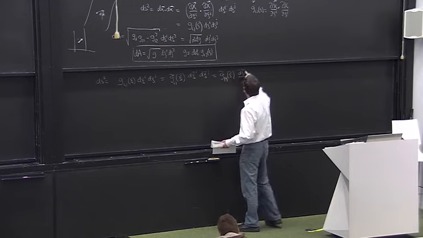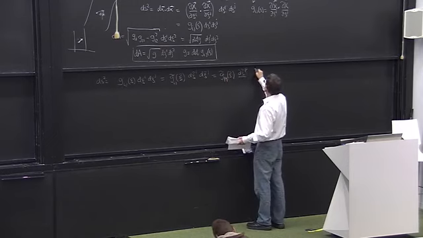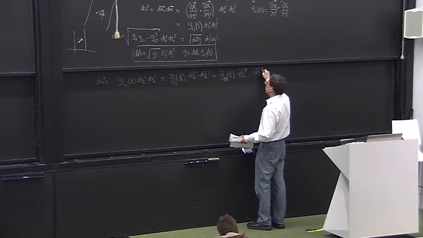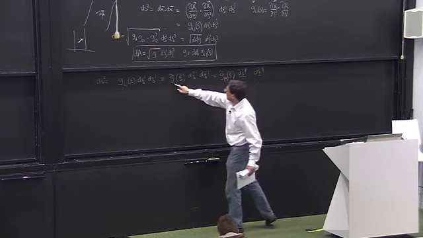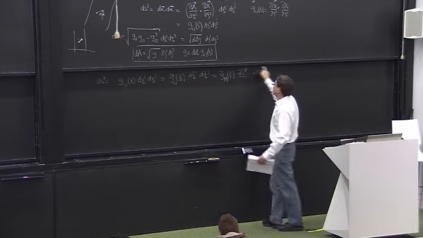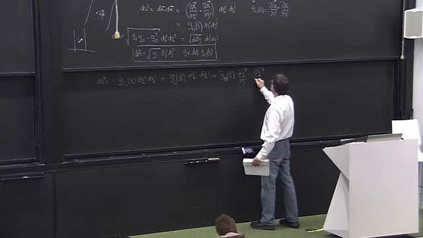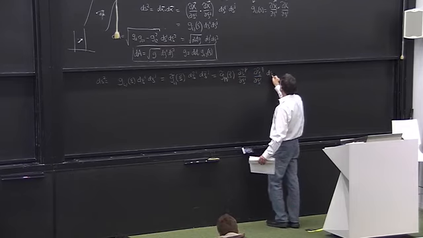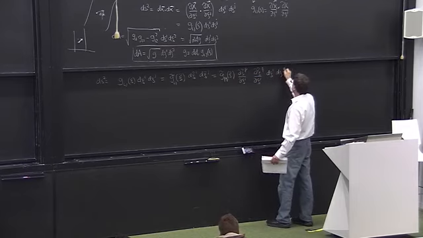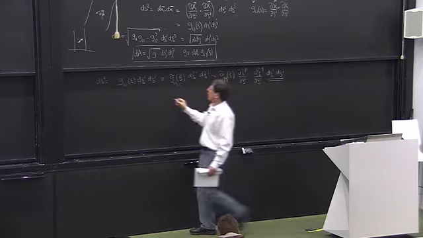G tilde pq d psi tilde p d psi tilde q. So I just labeled ij as pq, and used the chain rule for d psi I, d psi j, so I can compare these two sides.